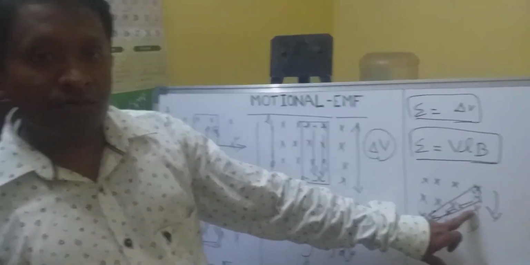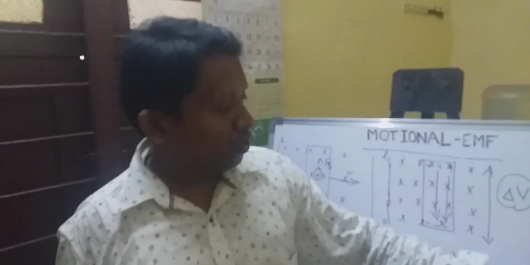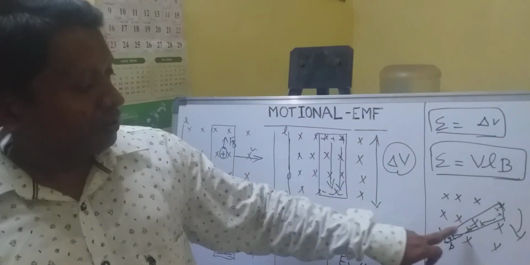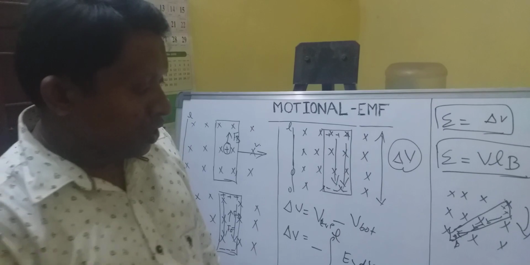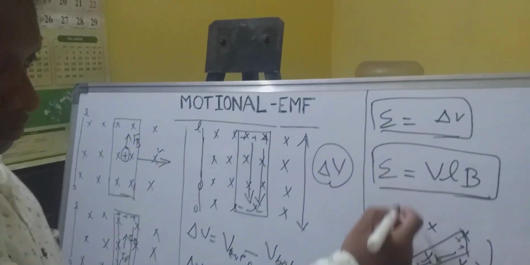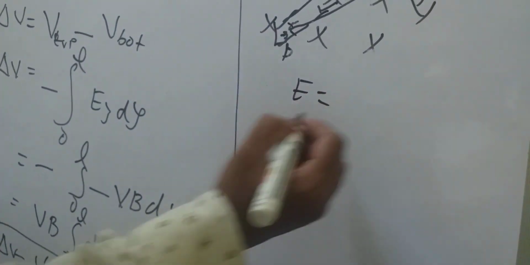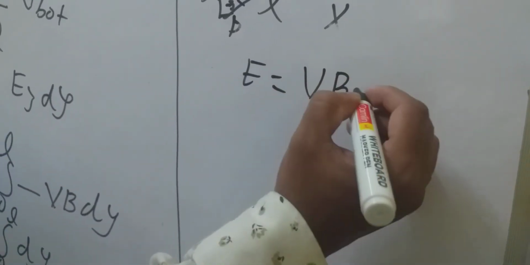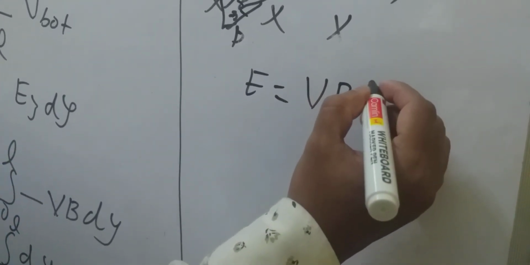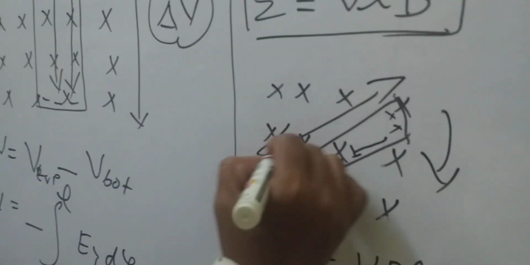So here the electric field is very high and here very low, and the moving charge also varies with distance. We have already known that the electric field E is equal to VB. So electric field is equal to VB. The length of the conductor is L.